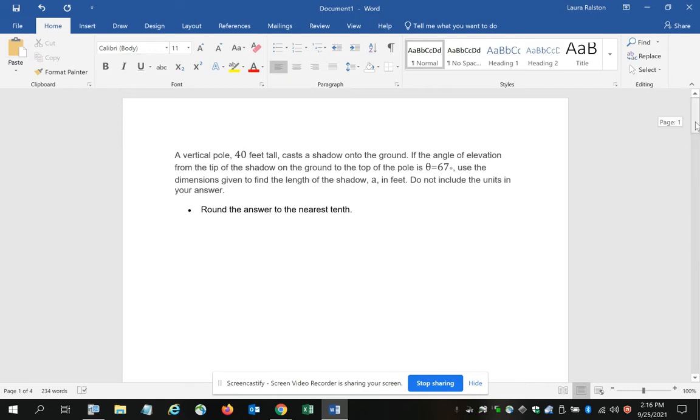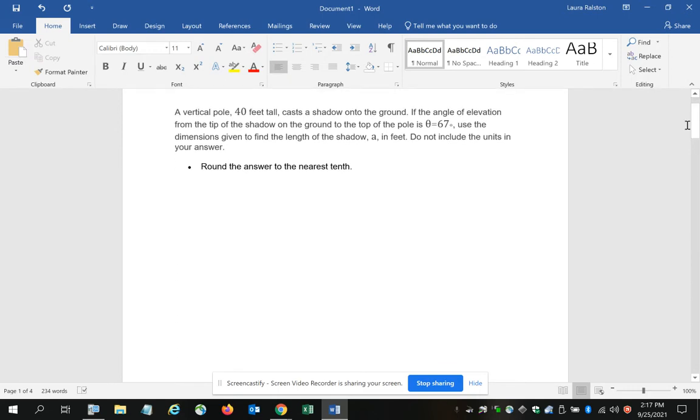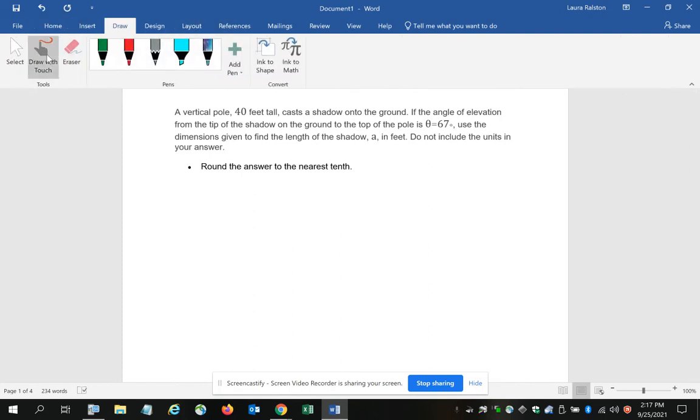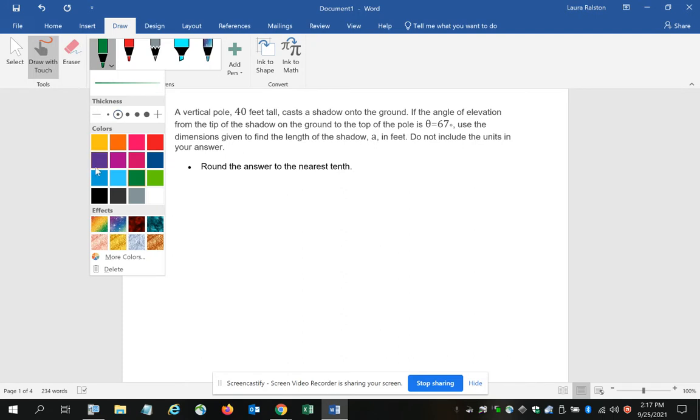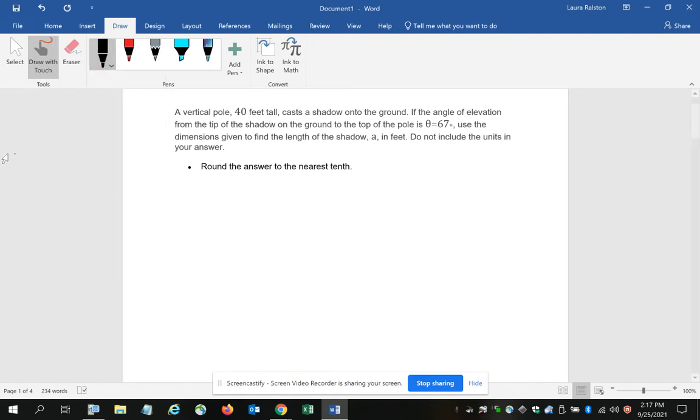Guys, to solve these problems, you really need to draw a picture, and they try to give you enough information to do that. We know that it's ultimately going to be a right triangle because that's what you have to have in order to work through these problems. Initially here, they tell us we have a vertical pole. So we can assume, since the pole is vertical, that the pole creates a right angle with the ground.